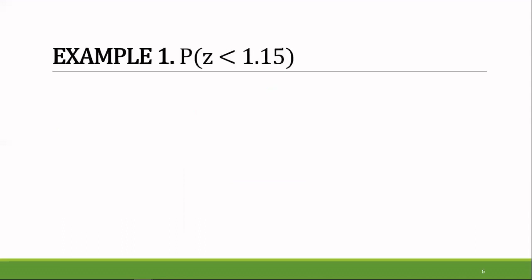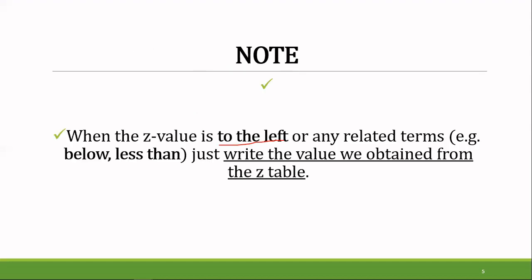Let's have example number 1. In example number 1, we have a case where our z value is in probability form. When it's like this, always look at the equality symbol. If our equality symbol is less than, and it's in this form, probability form, we apply note number 1.